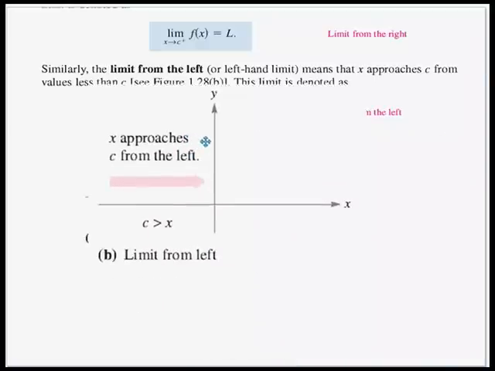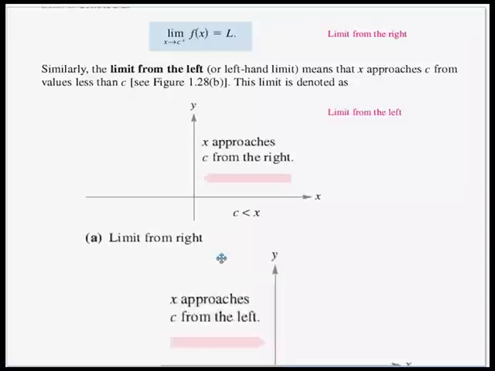And we can also approach from the left-hand side. So here we're using c is going to be greater than x. Our limit as x approaches c from the left side, or from the negative side of the x-axis, of our function f of x is equal to some limit L.